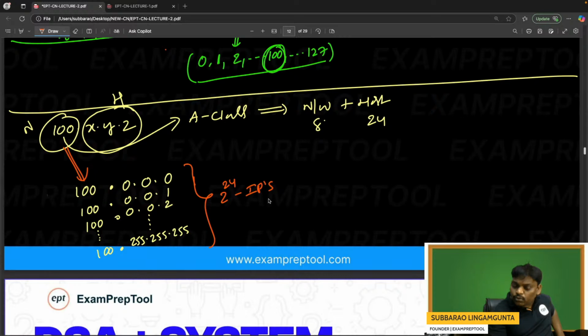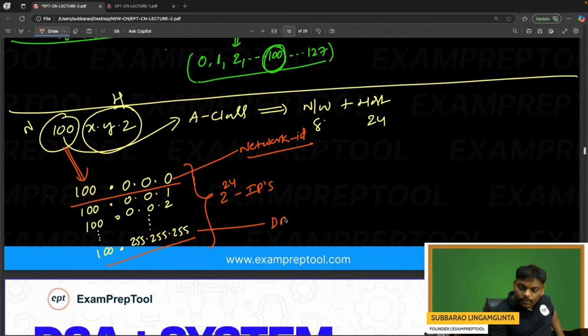Out of those 2 power 24 IPs, one IP is the net ID, where host part is all zeros, the network ID. Next one IP is the DBA, which is nothing but direct broadcast address.